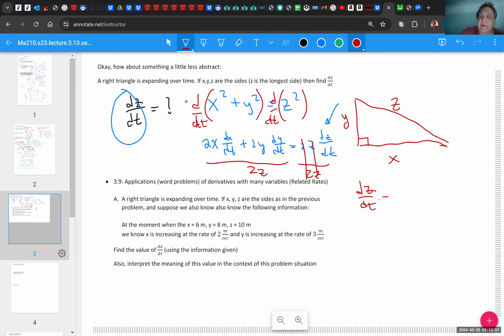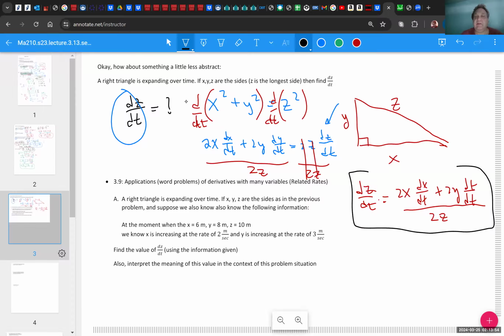So I'm just left with that big old mess. 2x dx dt plus 2y dy dt all divided by 2z. And that is our formula. That is our answer for what dz dt is for this triangle problem.